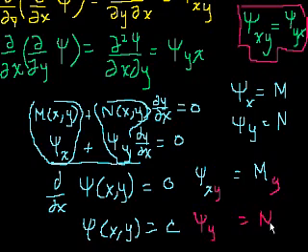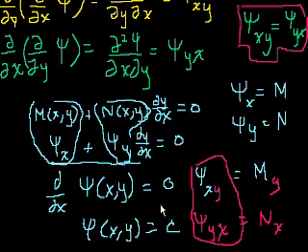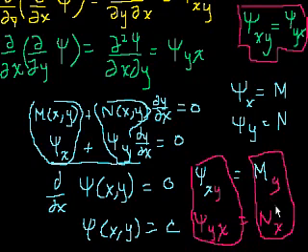So if we take the partial with respect to x of both of these, we know that these should be equal if xi and its partials are continuous over that domain. So that is actually the test to see if this is an exact equation.